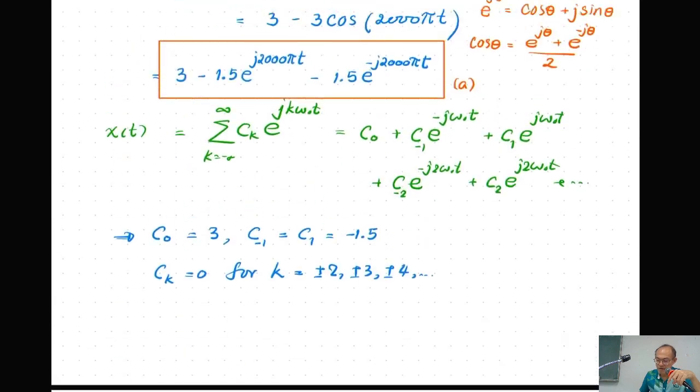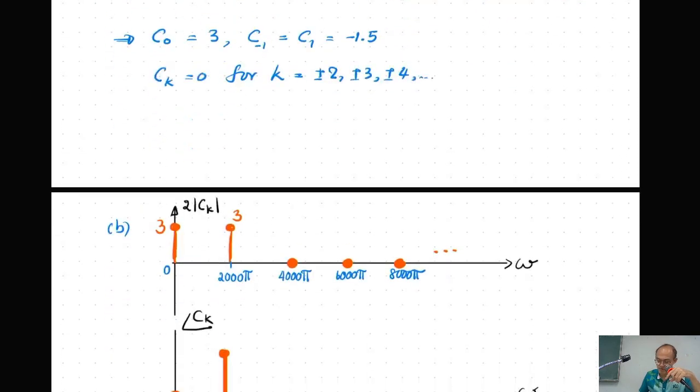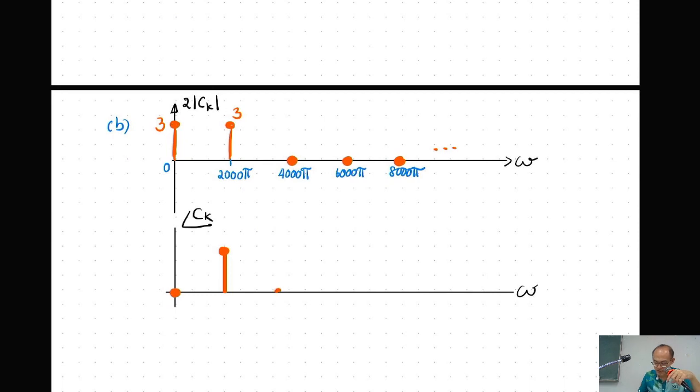All right, and for the rest, we don't have the rest of the terms. The rest of the terms are 0, so the phase of the rest is 0. Okay, so I have this and that. This is 2000 pi, 4000 pi, 6000 pi, 8000 pi.